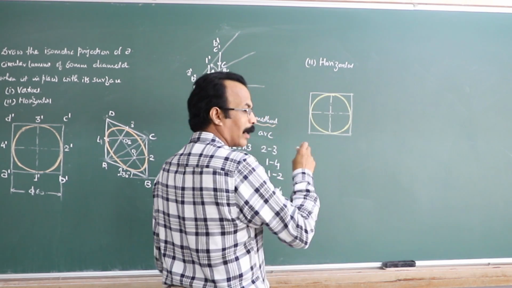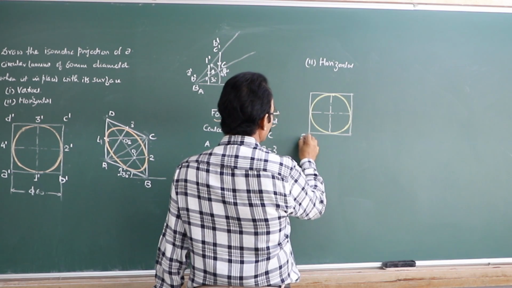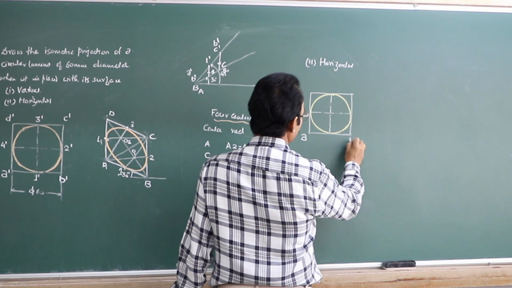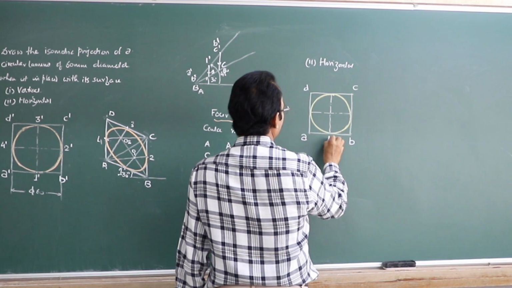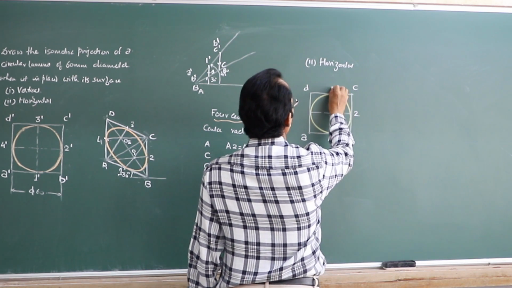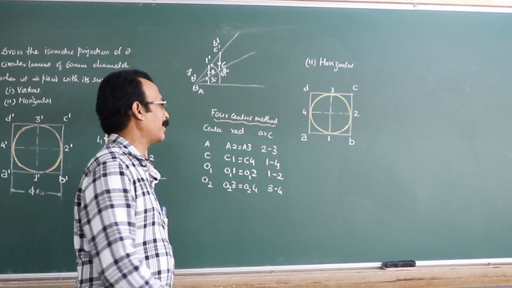Okay. So now since it is top view, naming must be done as small letters without any dash, A, B, C and D, and this is your 1, 2, 3 and 4, the midpoints of the square lamina.